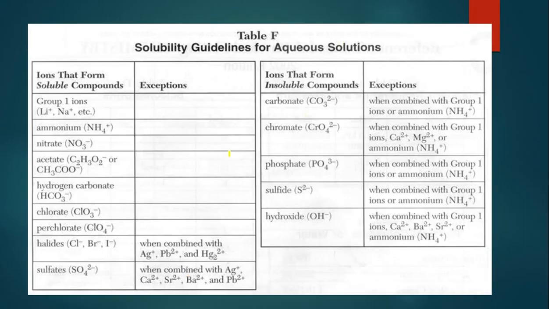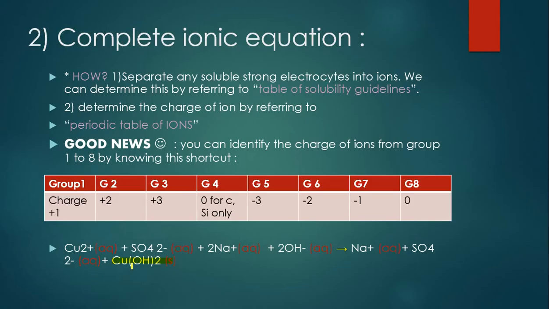Looking at this table, I can see the hydroxide in my ionic compound. This hydroxide is an insoluble compound. There is an exception: if it's combined with group 1 ions or ammonium, it is soluble. But in our example, OH is combined with copper.